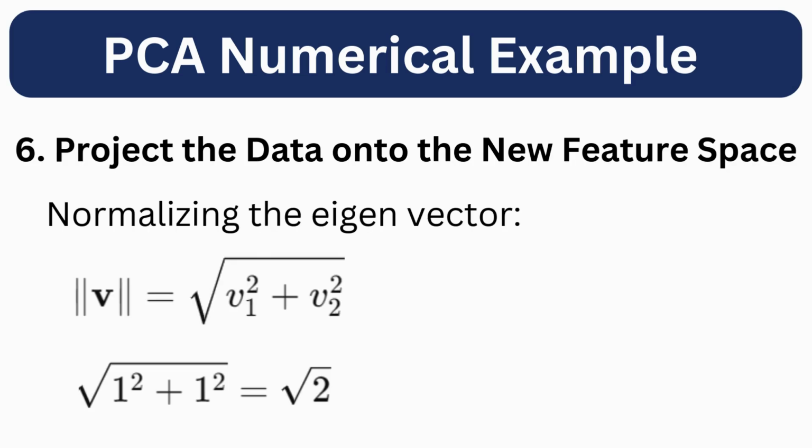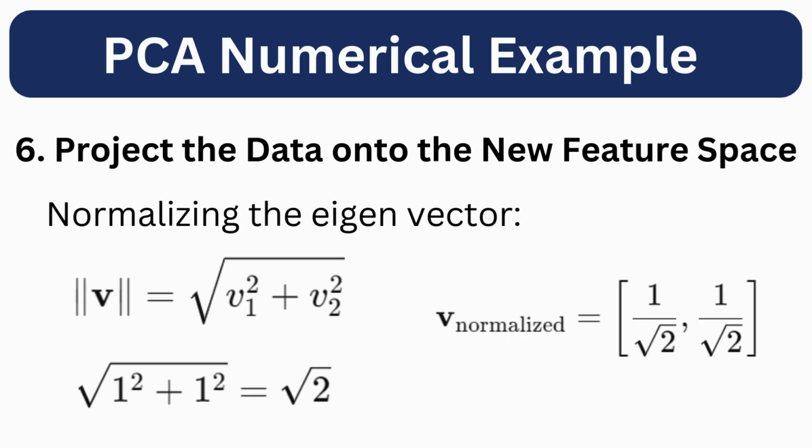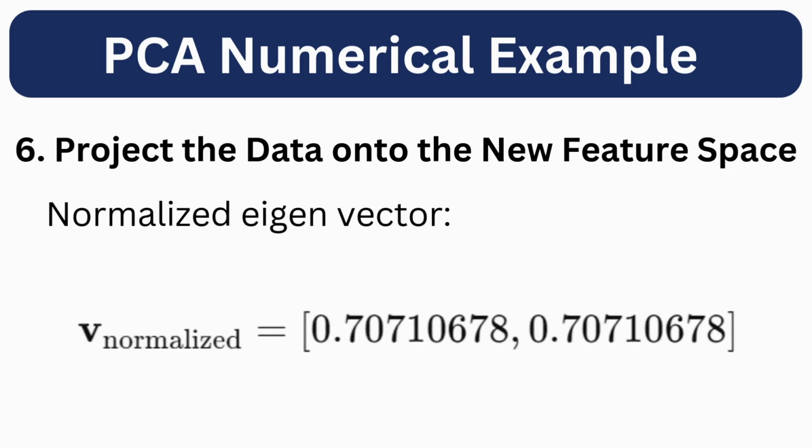Before projecting the data to a new feature space, first we need to normalize the eigenvector. First we calculate the norm or the magnitude of the vector using this formula. Then we divide each value of our eigenvector by the norm. Finally, we will get a normalized eigenvector that will be used to transform the feature space.